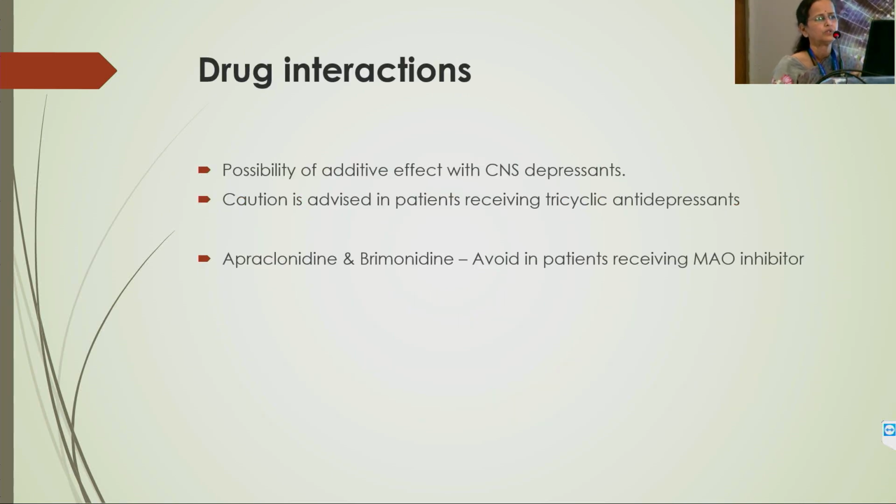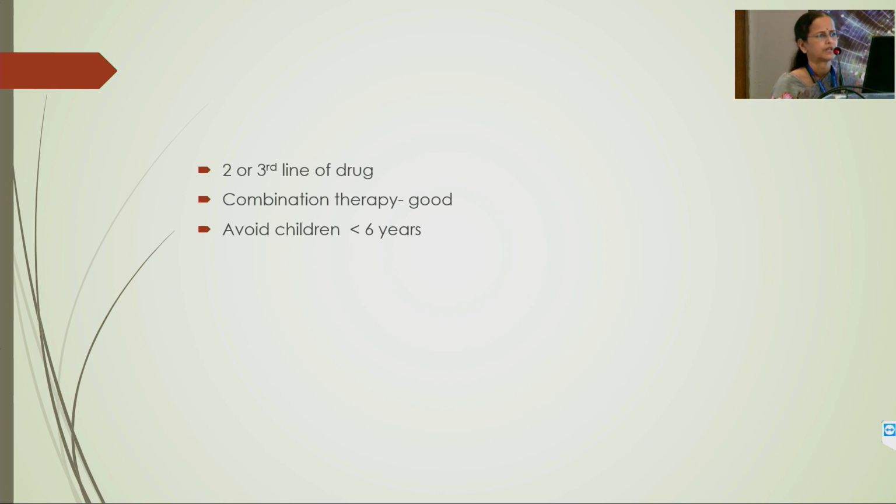Interactions, as I told you, it has an additive effect with CNS depressants. Avoid in patients who are on tricyclic antidepressants. In elderly patients also, we have to caution them that there is a risk of sedation, so for driving, they have to be very cautious if they are using brimonidine. In children, compared to brimonidine, apraclonidine is the safer drug.